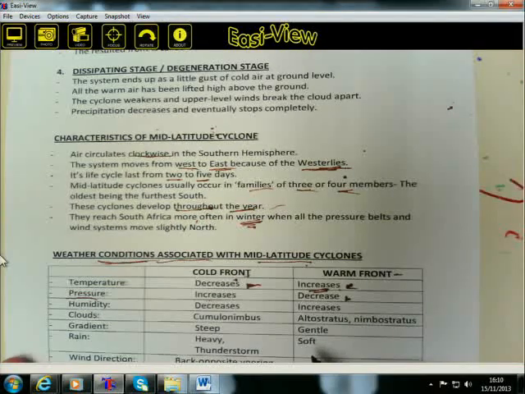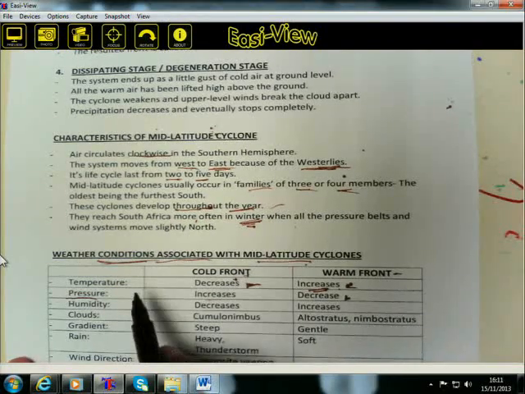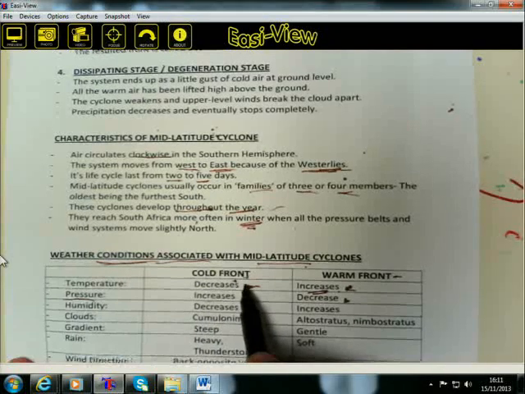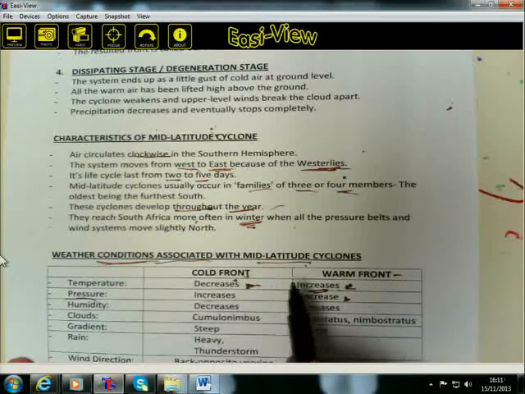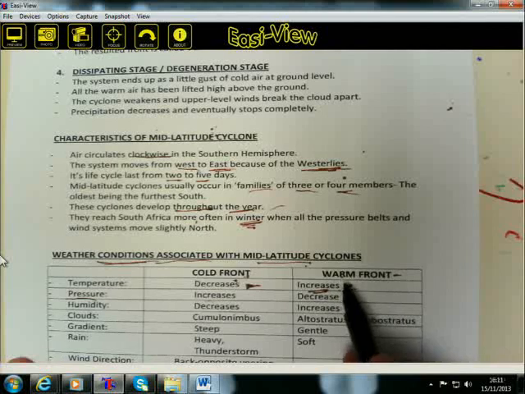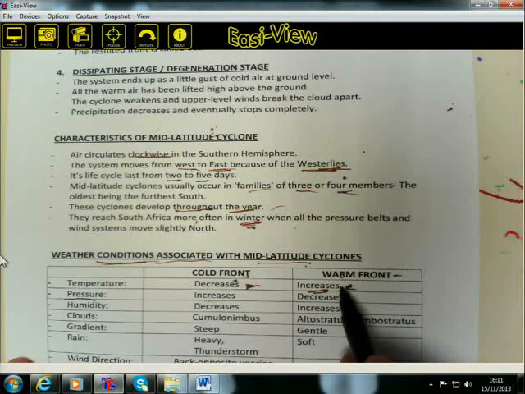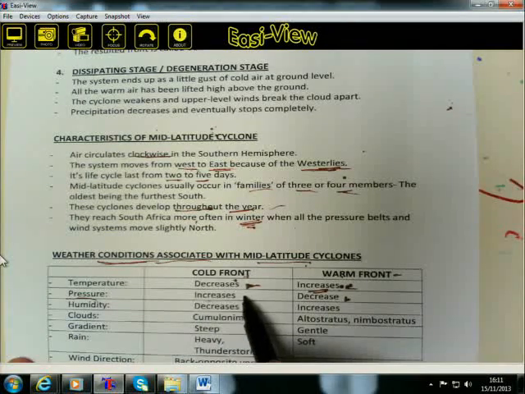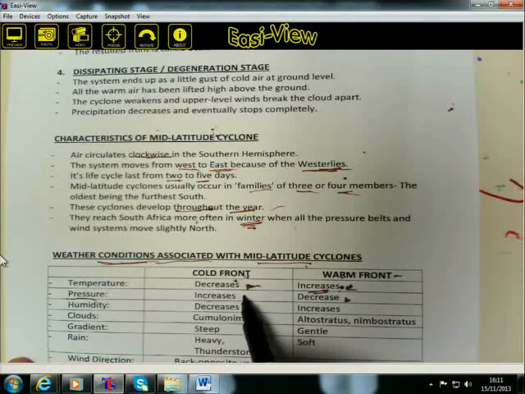These are the weather conditions. The temperature, when the cold front approaches, will decrease. And when the warm front approaches, the temperature will increase. The pressure, when the cold front approaches, will increase, will be high.